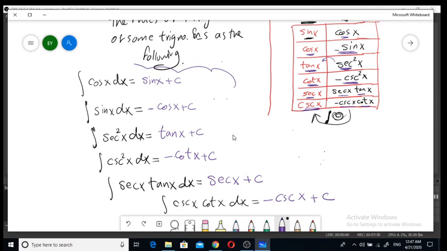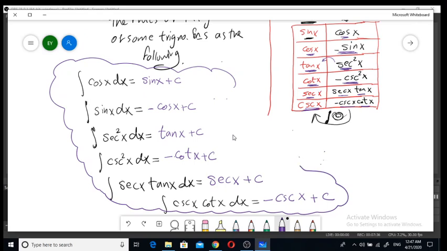So now we have the rules for basic trigonometric functions, or we can say the rules of integral of some trigonometric functions. The integration of cosine x will give us sine x plus c. And the integral of sine x will be negative cosine x.